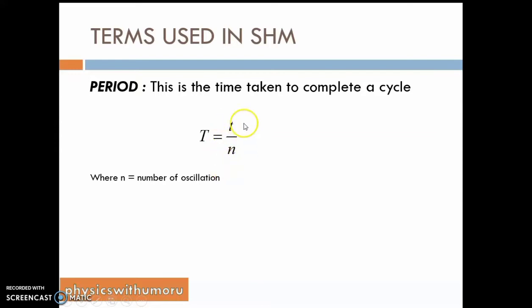So to find the period, we divide the total time taken to complete this number of cycles by the number of cycles, and then we have the period.